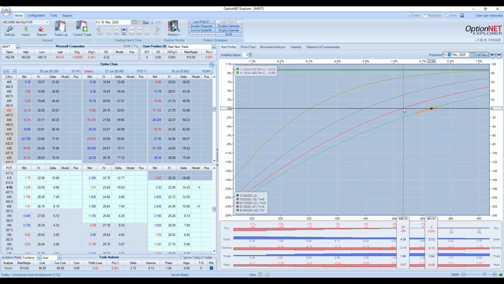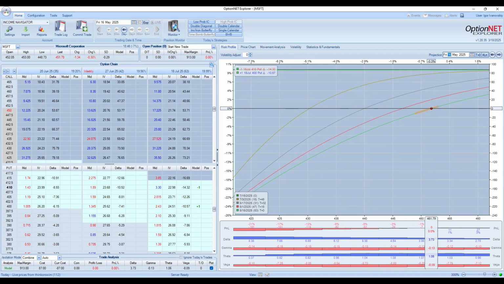So it's about a 5-point improvement. The next line here is T plus 32. This is 32 days into the future. You can see our break even now moves even further out of the money. Now our break even in 32 days is down at about 440. So it's about a 10-point improvement over time, right?